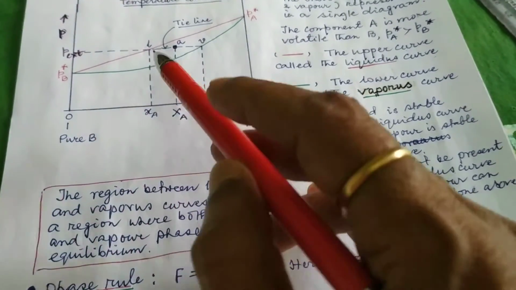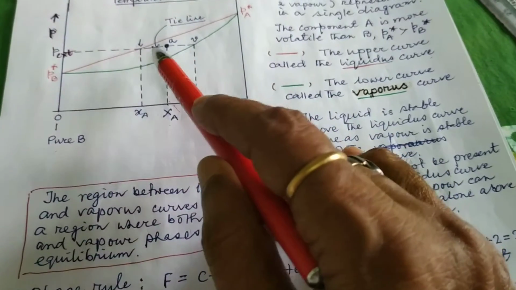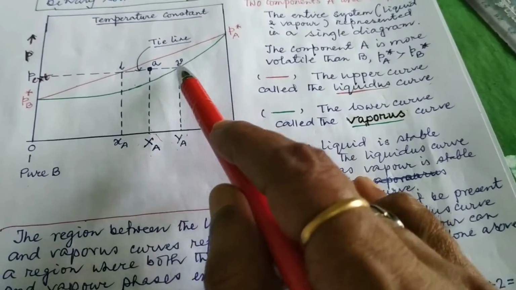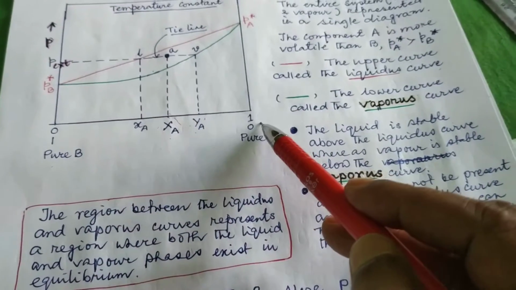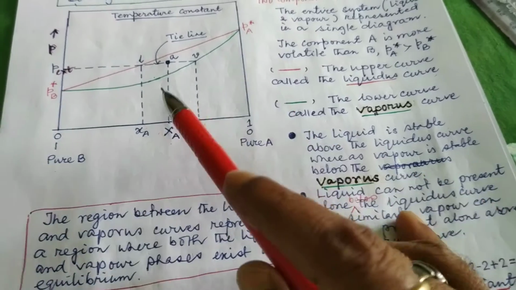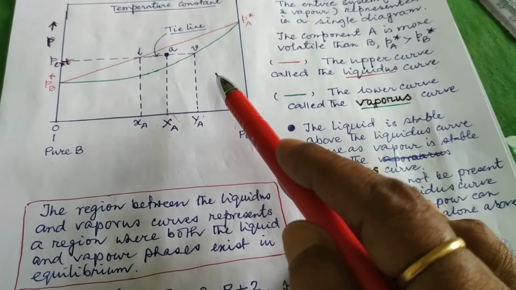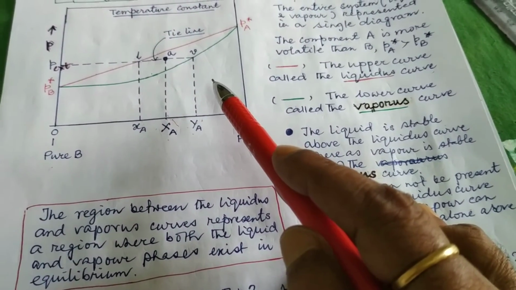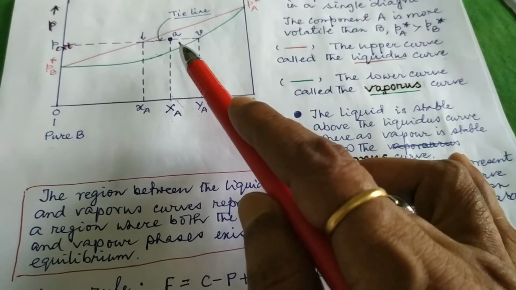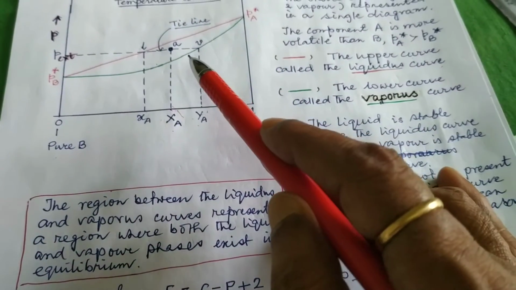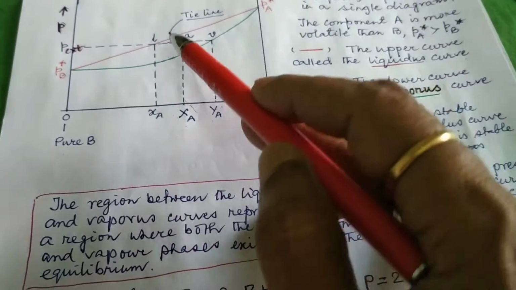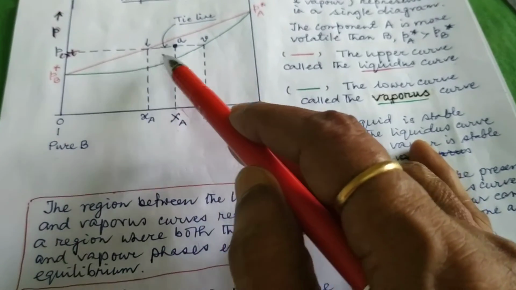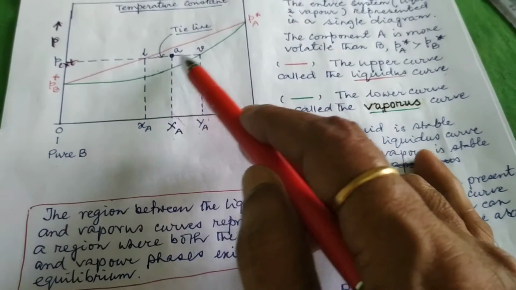So, the region in between the liquidus curve and the vaporous curve represents the region where both liquid and vapor exist in equilibrium.